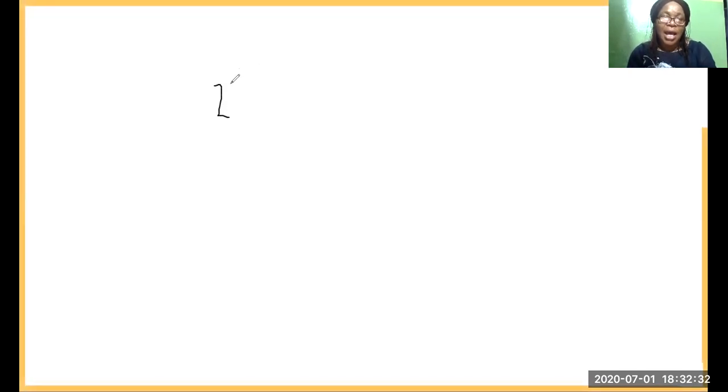We are able to say that 24 divided by, remember the dot here, this is the sign of divide. 24 is the dividend.